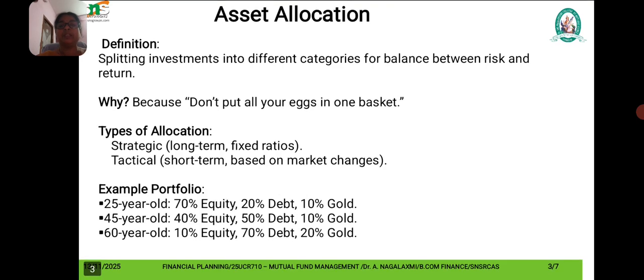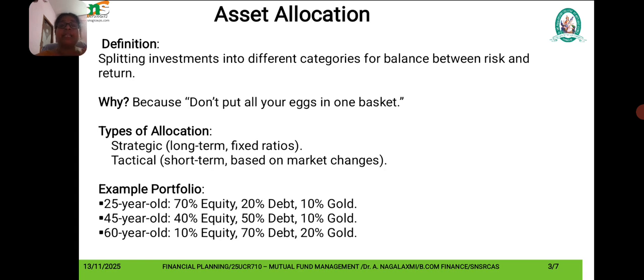Next, we are going to see asset allocation. What is meant by asset allocation? How much asset in what investment at what rate is said to be asset allocation. Asset allocation helps us to diversify our investment in order to reduce the risk.